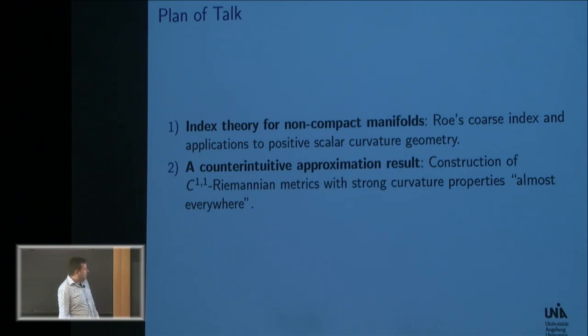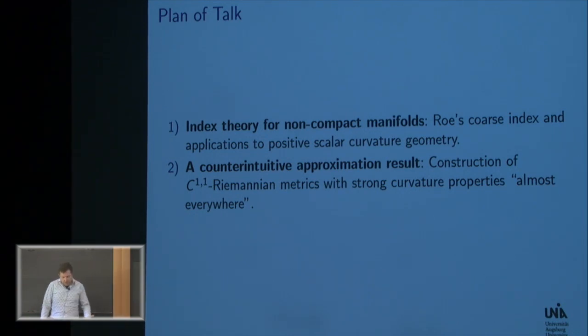In the second part of my talk, I would like to present a fairly recent approximation result for Riemannian metrics with low regularity assumptions, C^{1,1}.